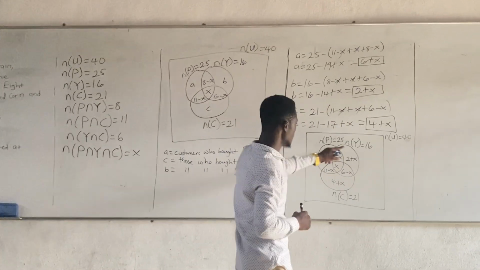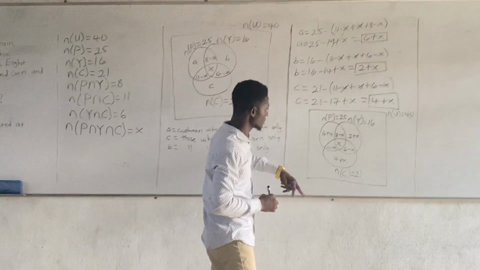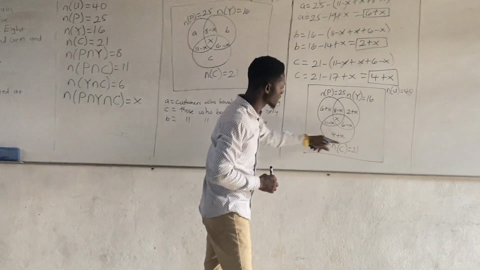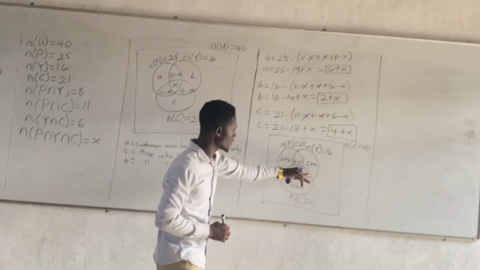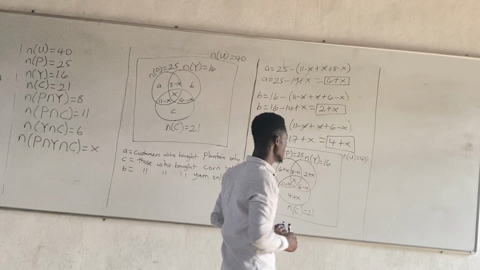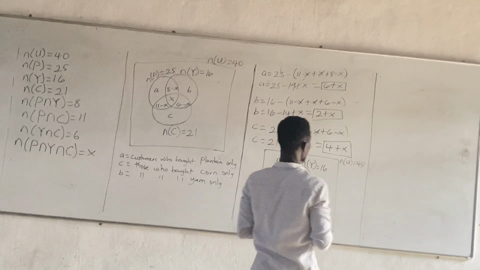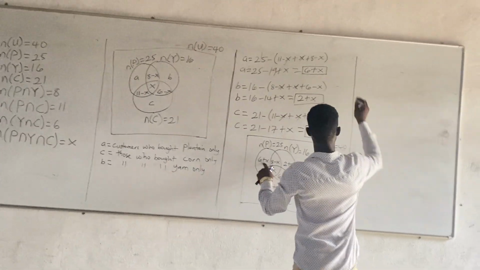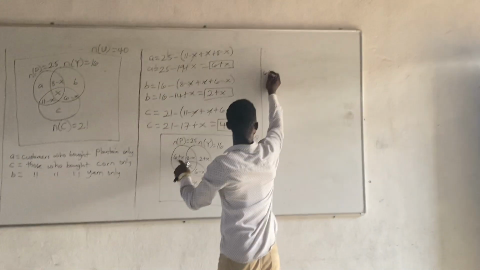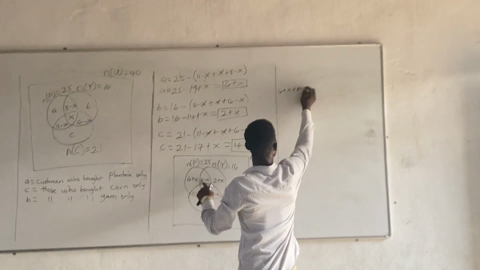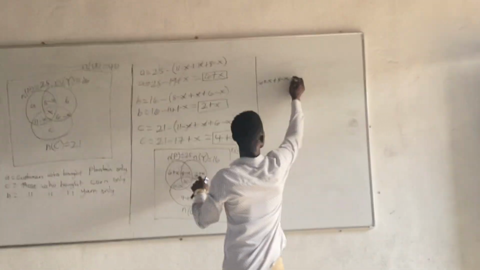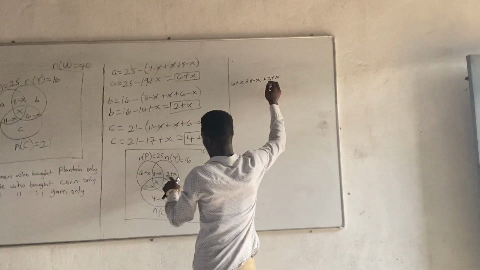So to have everything in number, you need to add the 7 regions. Remember, region 8 has no number, so the sum of the 7 regions will now be equal to the universal set. So we will say 6 plus x plus 8 minus x plus 2 plus x.